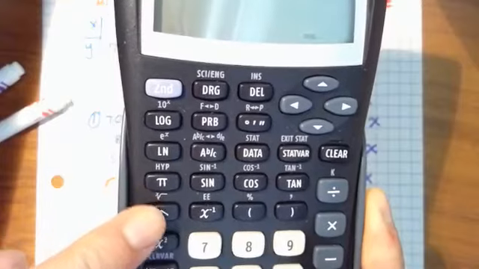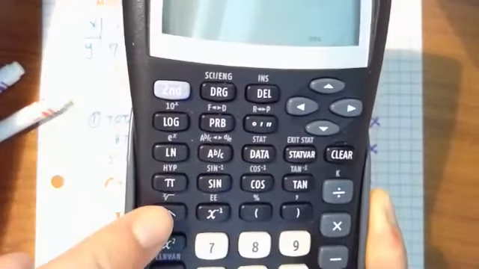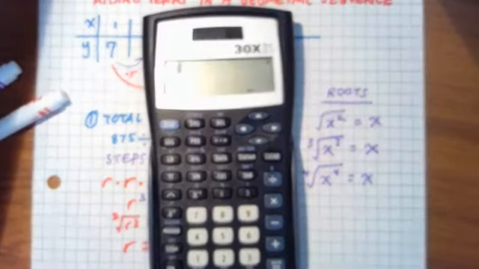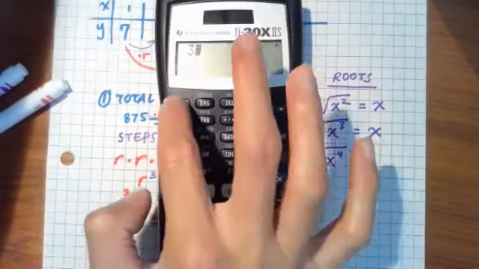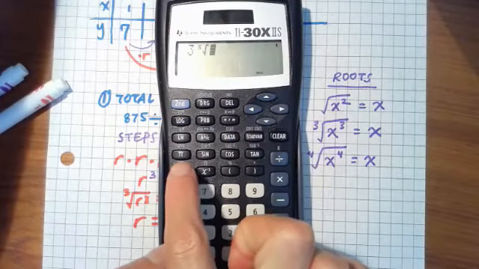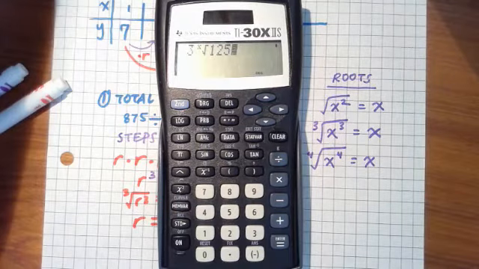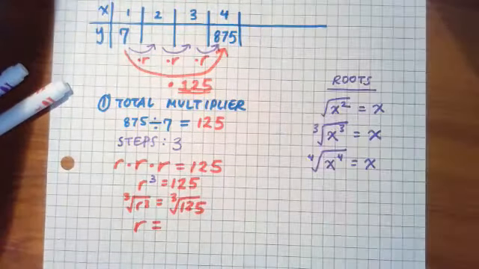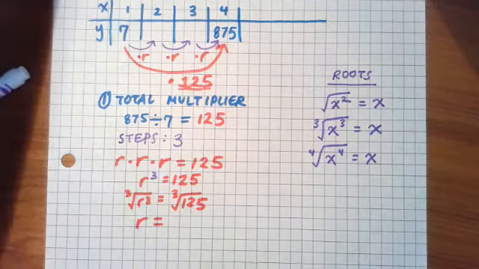Because it's in purple, I have to press second and then this button. So on this calculator, if I want to do third root, I have to do 3, second, that button, 125. Your calculator might be slightly different, but it's this general idea. Equals 5. So now I know that the third root of 125 is equal to 5.